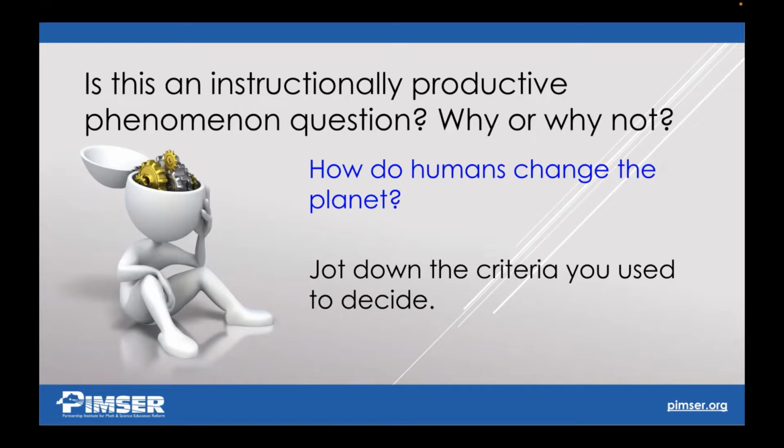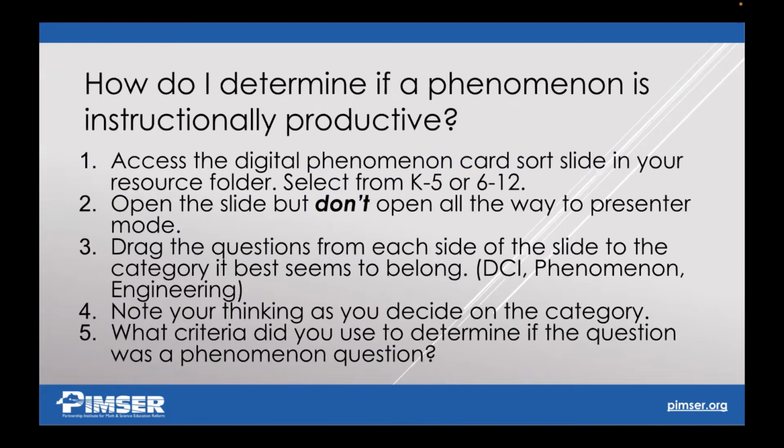Sorting examples and non-examples is a great strategy for surfacing and clarifying our thinking. I'm going to review the steps for the digital card sorting activity and show you an example of what it looks like before you start. Again, if you're working in a PLC, you may prefer to print out the cards, cut them out, and sort them with a partner.